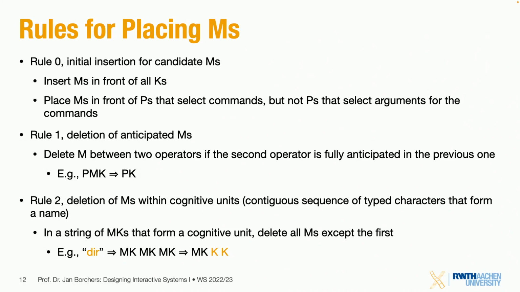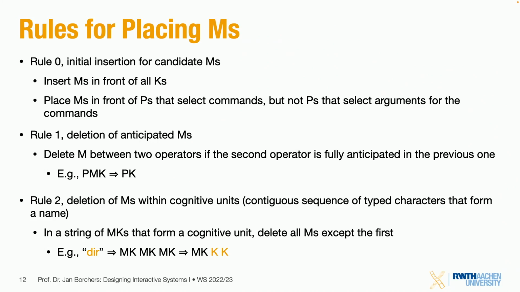But the letters I and R are fully anticipated after I started typing D. It's one continuous move. I don't stop and think while I'm typing it. So we are only left with the first M here, and the other two M's are gone, right? So MK, MK, MK turns into MKKK.